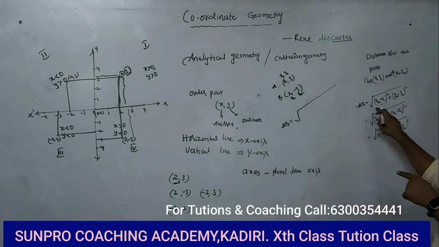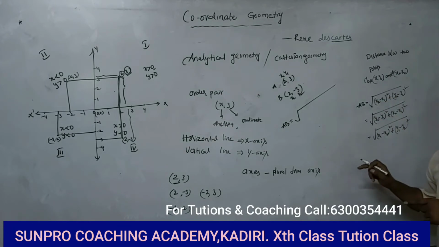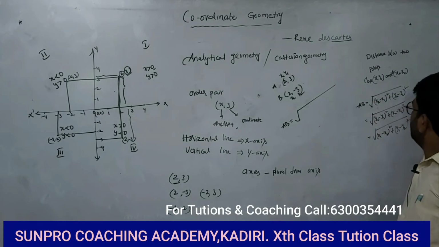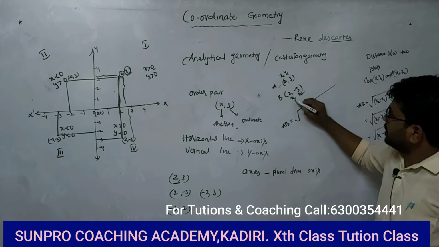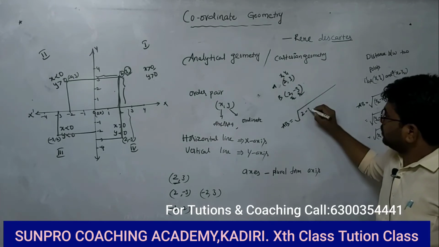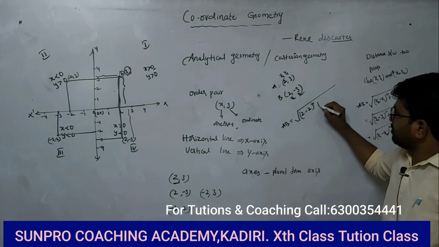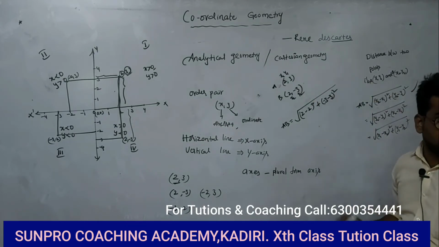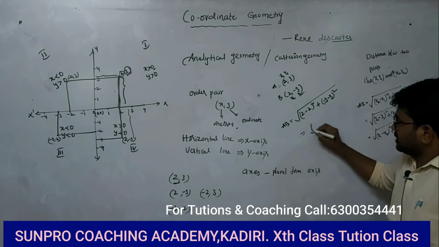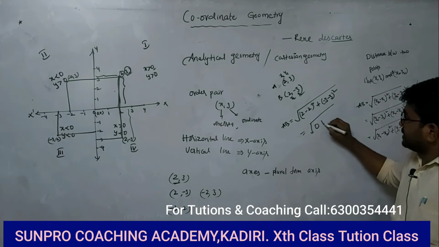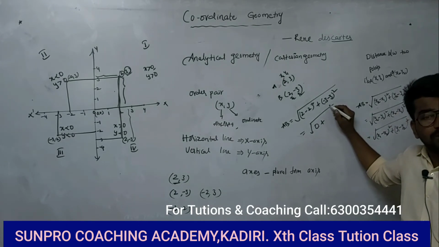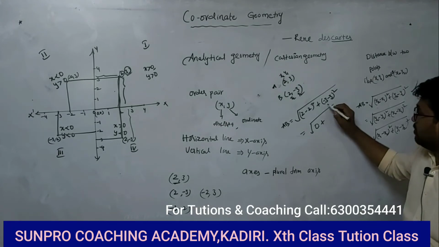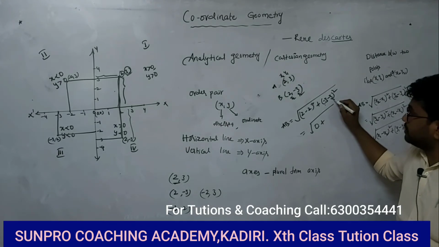Whichever formula you use, not a problem. I am using this formula: (x2 minus x1) whole square plus (y2 minus y1) whole square, (2 minus 2) whole square plus (-3 minus 3) whole square. See, 2 minus 2 is 0, plus (-3 minus 3), which is -6.